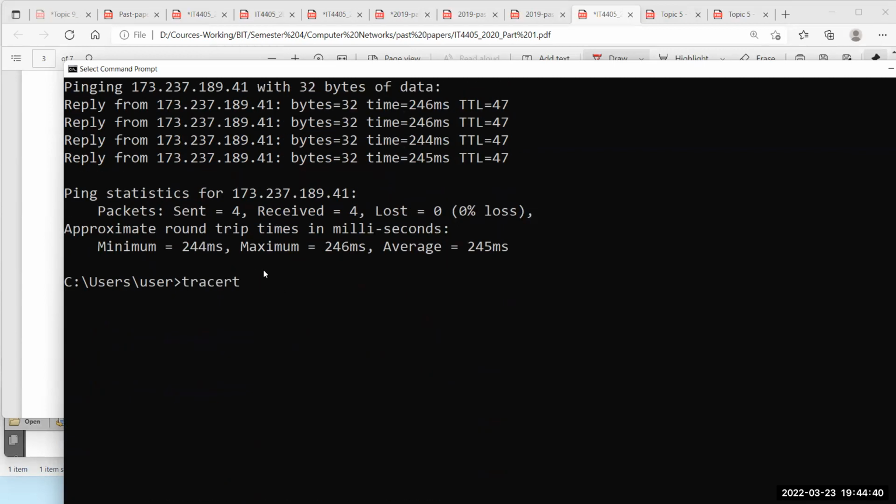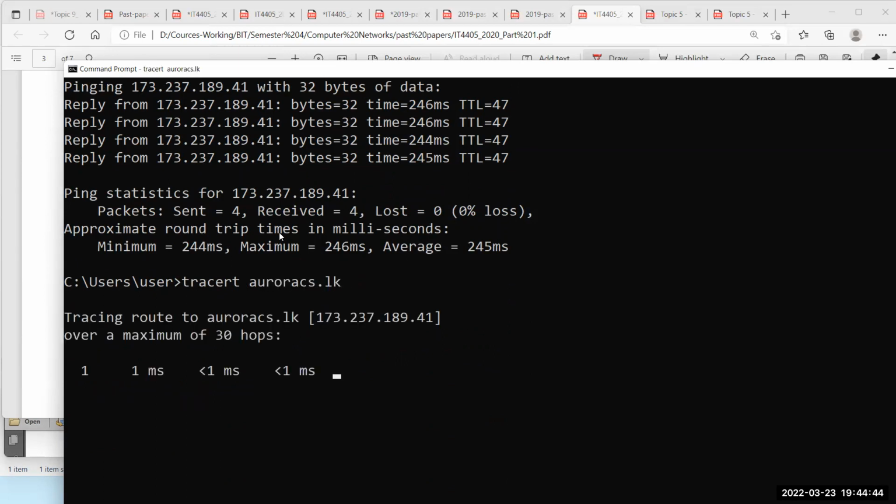Okay, let's use the domain name. It will take a little bit of time, but it's going to tell you more information. It will show you, okay, my data packets managed to reach up to this hop, but from that hop onwards I'm not getting any response. So that means the issue is at that point.